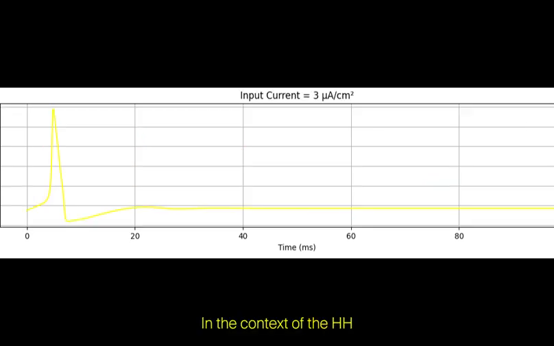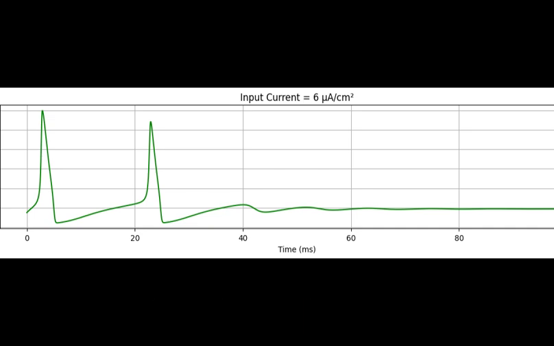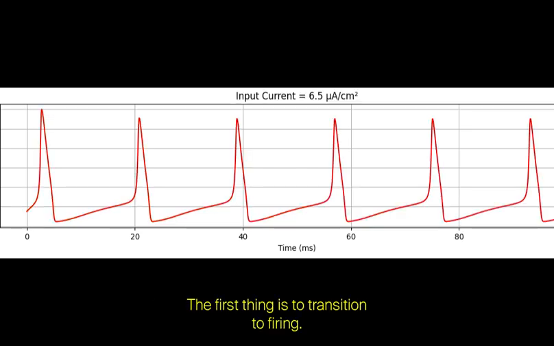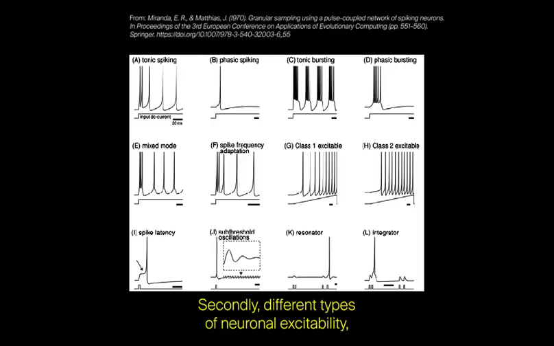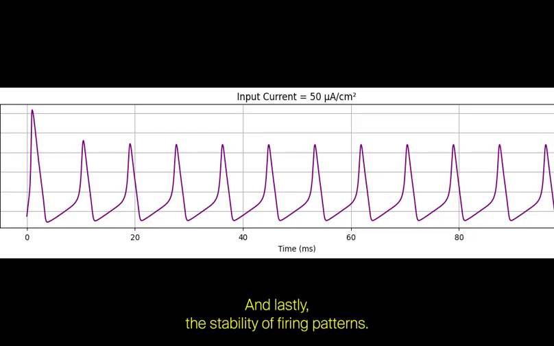In the context of the HH model, bifurcations allow us to explore three different things. The first thing is the transition to firing. Secondly, different types of neuronal excitability. Different bifurcations explain why some neurons respond readily to tiny currents while others need a stronger stimulus. And lastly, the stability of firing patterns.